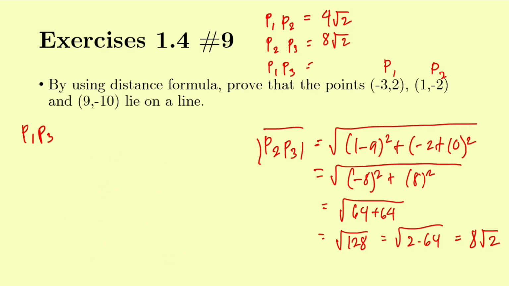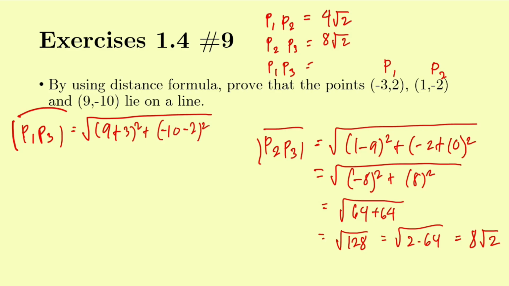So P1, P3, let's use the distance formula once again. 9 plus 3 squared plus negative 10 minus 2 squared. Kaya naging 9 plus 3 kasi 9 minus negative 3. That's it.